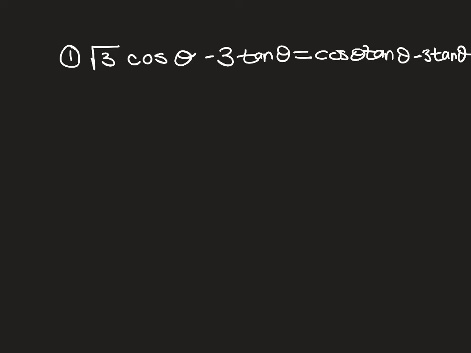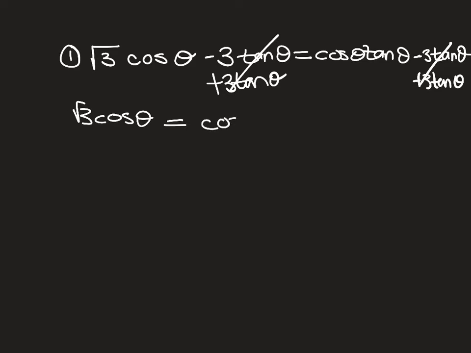So I'm going to move everything to one side and combine like terms. I'm going to add my 3 tangent theta over and add my 3 tangent theta over. So I have root 3 cosine theta equals a cosine theta tangent theta. I'm going to put everything on one side.